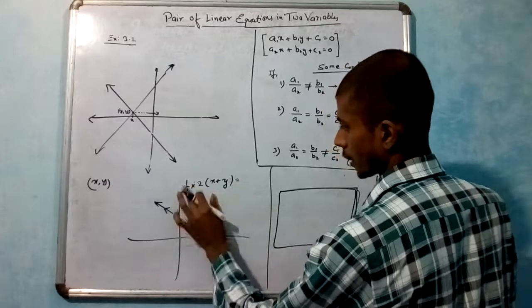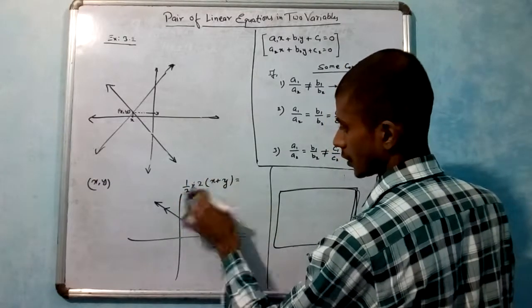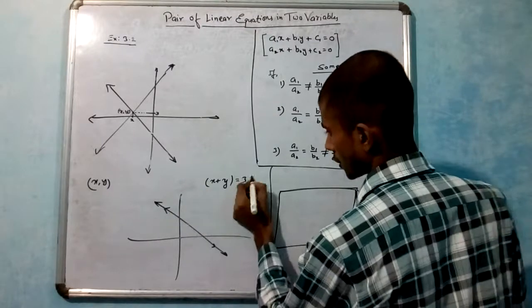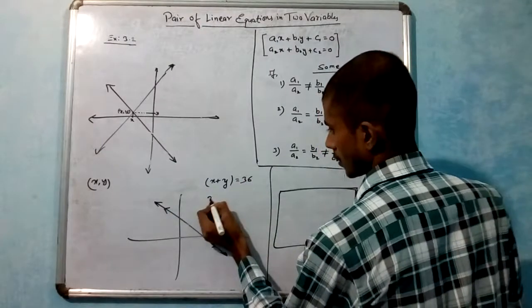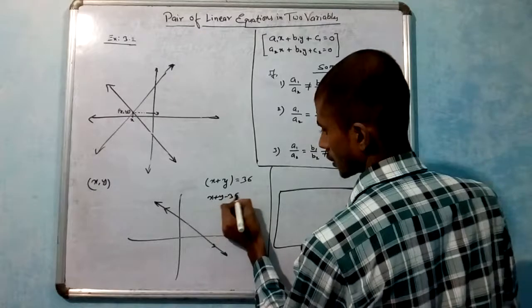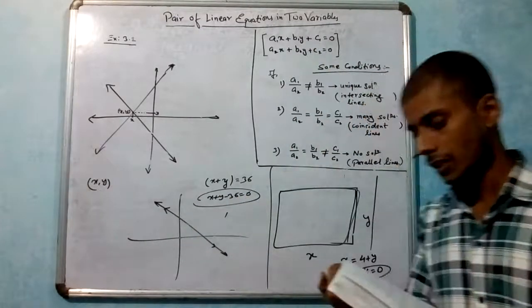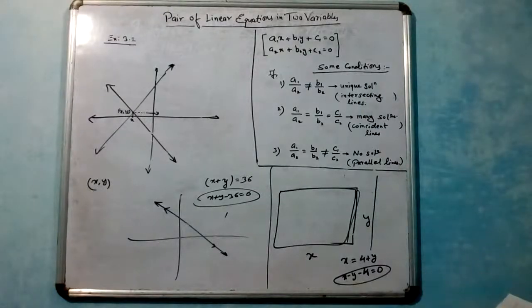So properly we have to write perimeter, this, then half of the perimeter, then this, and then this is 36. Understanding? So x plus y minus 36 is equal to 0. Done? What is given? Find the dimensions of the garden. We have to find the dimensions of the garden. How can we find?